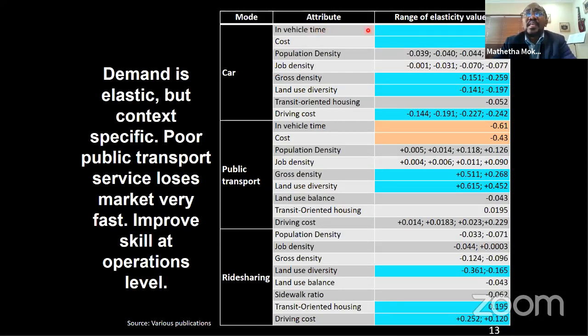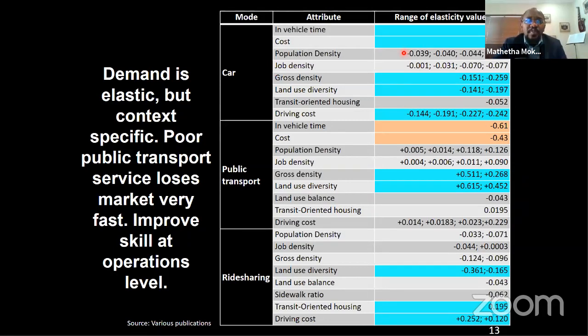In this case, a 1% increase in travel time reduces the demand for car travel by 0.27. The minus is the opposite direction, 0.27. The increased cost of car travel reduces the demand by 0.29%.